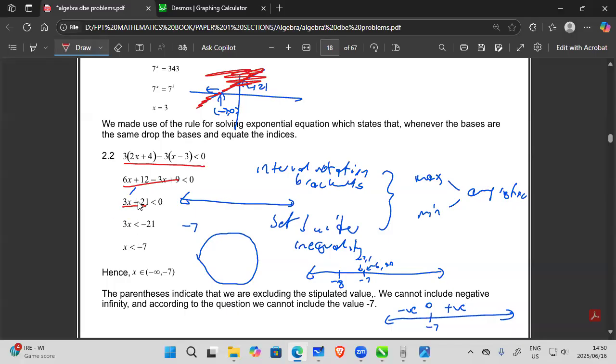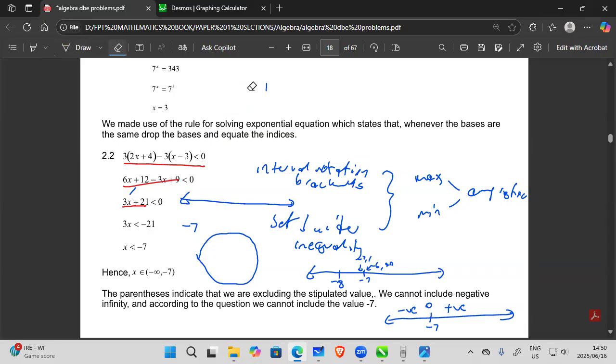We want to find out where the 3x plus 21 function, which is a linear function, is negative. What x values must I input into this function such that I can output y values that are less than 0? Looking at it from this perspective, 3x plus 21 is equal to y.